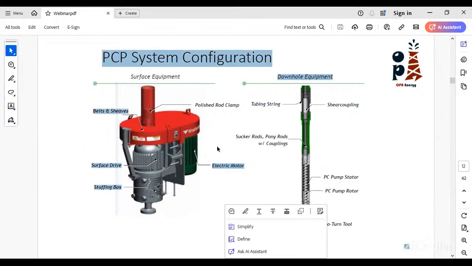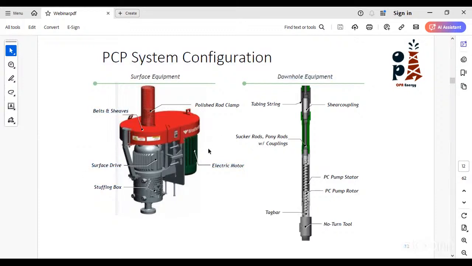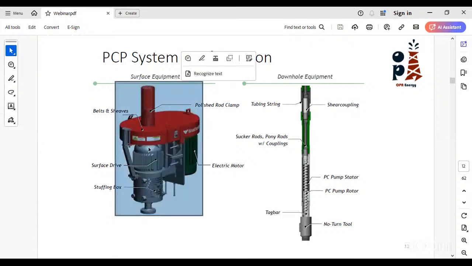Okay, so the prime mover emits the energy or is responsible for our energy. Then this energy or rotation is transferred to the drive head through a sheave and belts to transfer the torque and power to our drive head.